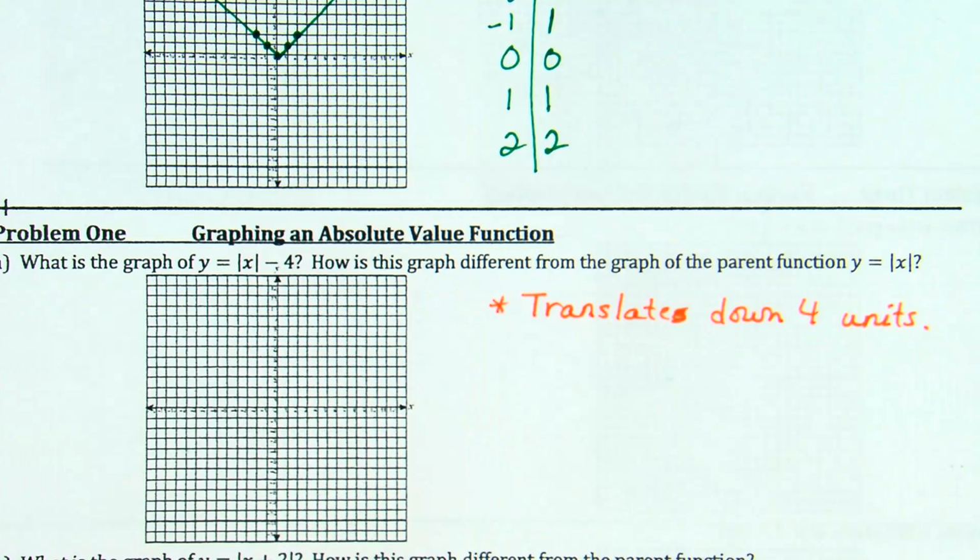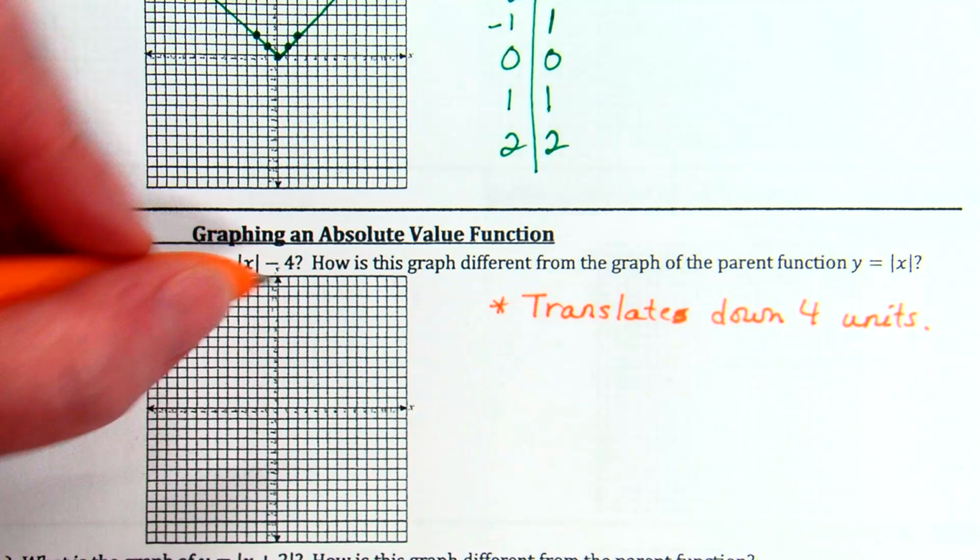Now, there are ways to do this. You have options. What I like to think is, okay, where was my original V? And take those points and move them down 4. Could you put your original points on the graph? Yes, you can.